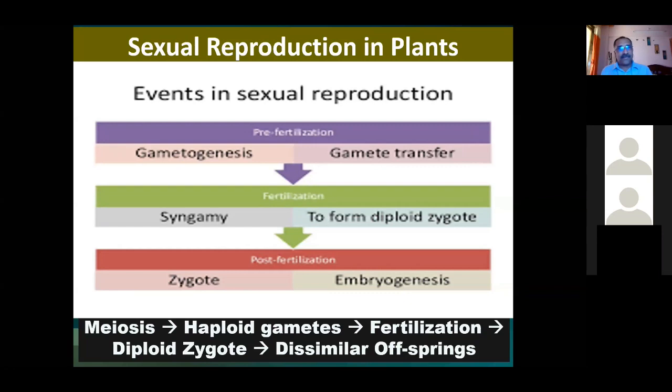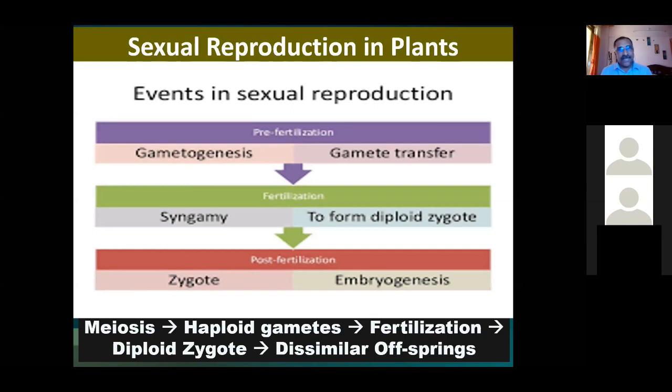So now the gametes have been transferred. The male gametes are transferred to female. Now the male gametes and female gametes have come together. The next event is union, they have to be fused. Fusion of these gametes we call syngamy. Syn means fusion, gami means gametes. So fusion of gametes is the third step.